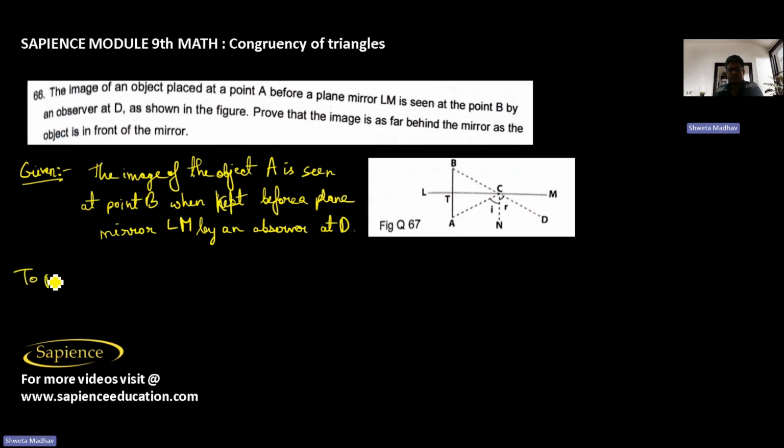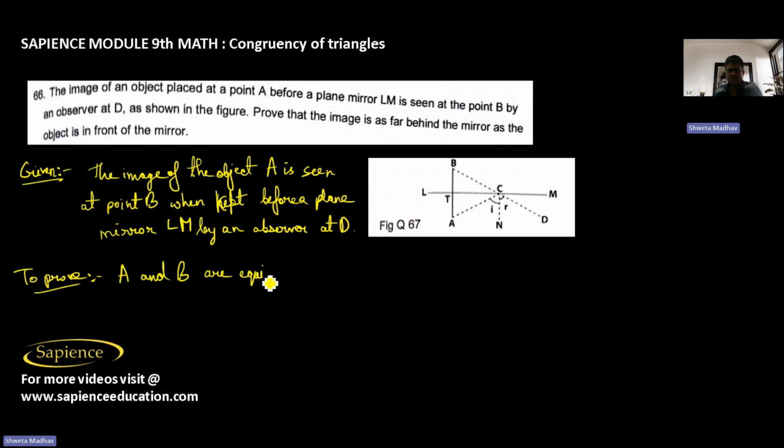Then we have to prove that A and B are equally distant, or I can say the image B is as far from the plane mirror as the object is in front of the mirror.